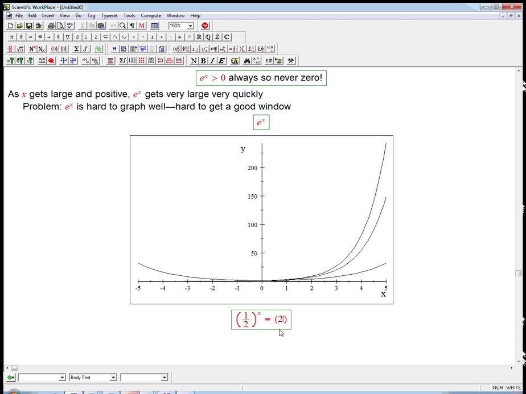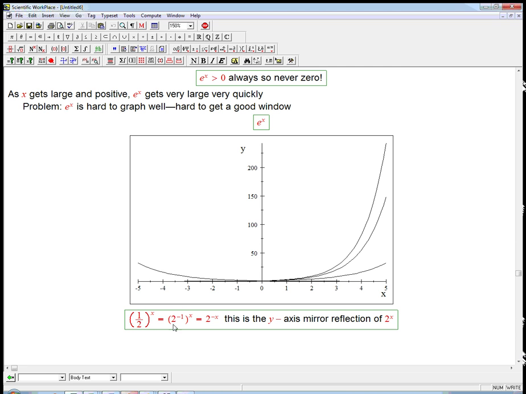Using rules of exponents, that's 2 to the minus 1 to the x. And then those exponents can be combined. That's 2 to the minus x. That's the y-axis mirror reflection of 2 to the x, because we replaced x with minus x.